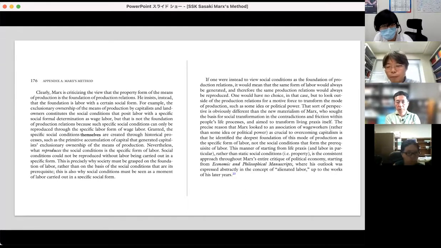Marx didn't start from static social conditions. Marx always starts from praxis, activity. This is Marx's theoretical method. This is the answer to your first and second questions.